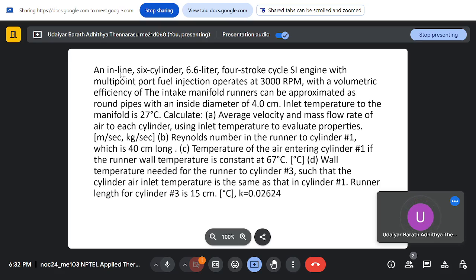So first, we have an inline 6 cylinder engine, so 6 cylinders are in a straight line, with total capacity of 6.6 liters, operating in a 4-stroke cycle as a spark ignition engine. With multi-point port fuel injection, this operates at 3000 rpm with a volumetric efficiency.